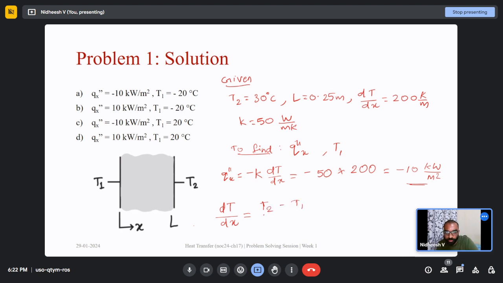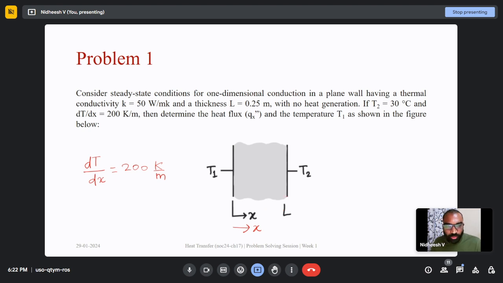If you are confused how this expression came, maybe we can try to derive this expression from the first principles. Do you want me to derive these expressions? Yes, sir. Okay. We can start from the thermal diffusion equation. What is the thermal diffusion equation?